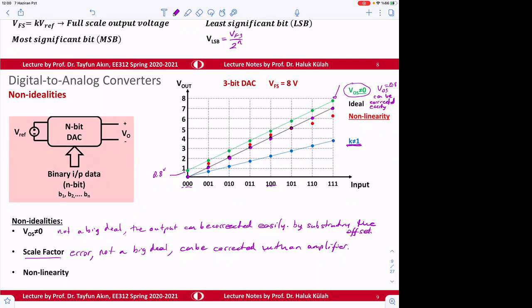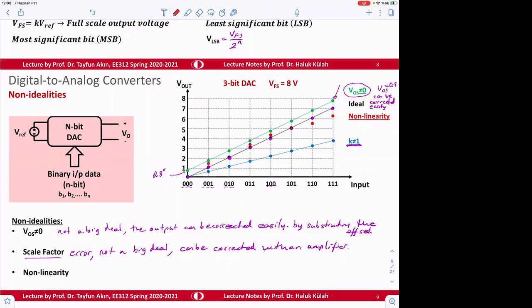Okay, so the problem in fact occurs if this is the case. I mean, if let's say the signal for this one gives us 0, for this one it gives 0, but for this one, maybe I should do this. So if this is the input, then the output becomes like that.